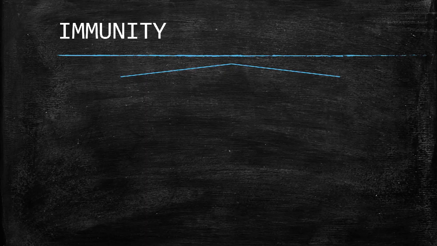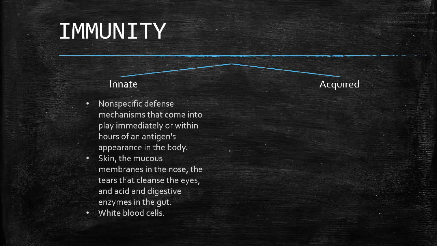The mechanism of innate immunity might be simple things such as barriers to stop virus getting in: the skin, the mucous membranes in the nose, the tears that cleanse the eye, and acid and digestive enzyme in the gut. When these barriers fall, more complex innate immunity is brought into play, which is the white blood cell.